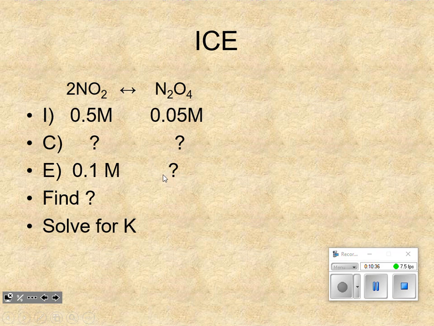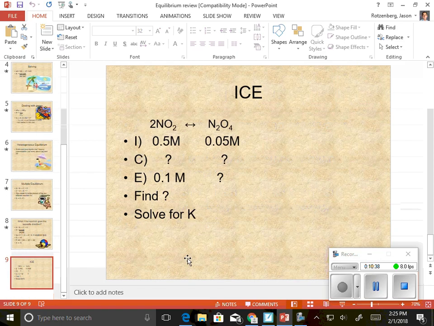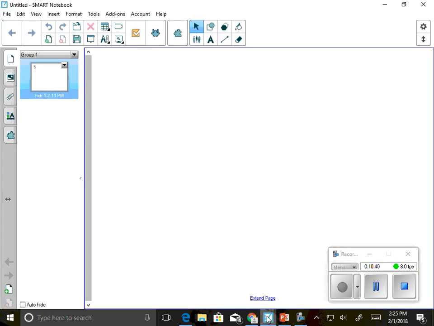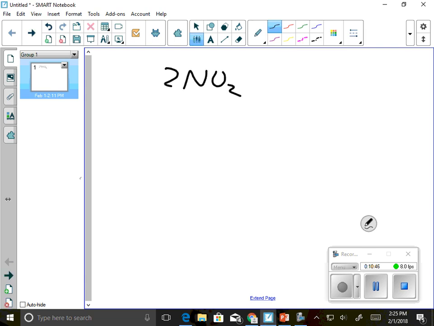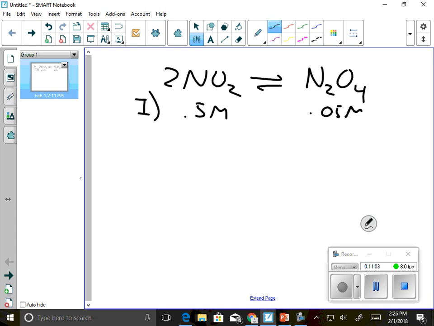So to finish notes, I want to show you how to solve this particular reaction. Again, my general equation is the nitrogen dioxide making the dinitrogen tetraoxide. The equation tells me to begin with, initially I have 0.5 molar of this, 0.05 molar of that.